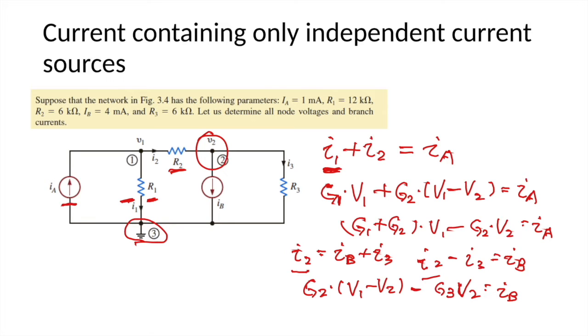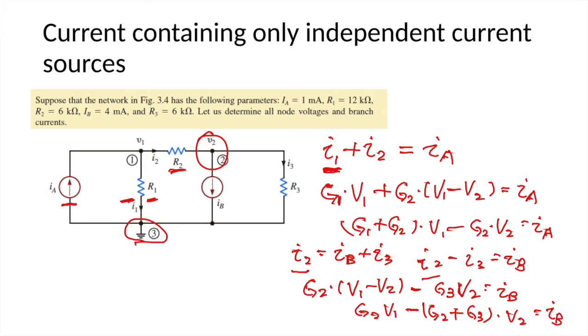We simplify this and obtain: minus G2 times V1 plus G2 plus G3 times V2 equals minus IB.